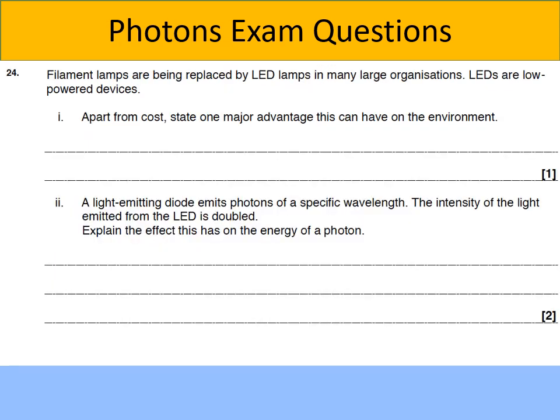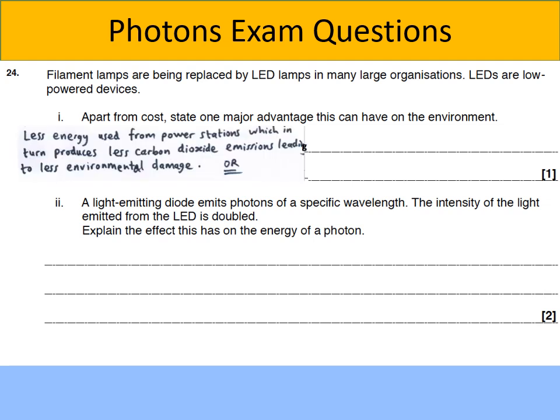Question number 24. Filament lamps are being replaced by LED lamps in many large organizations. LEDs are low-powered devices. Part 1. Apart from cost, state one major advantage this can have on the environment. There are a couple of alternative answers that we could have.